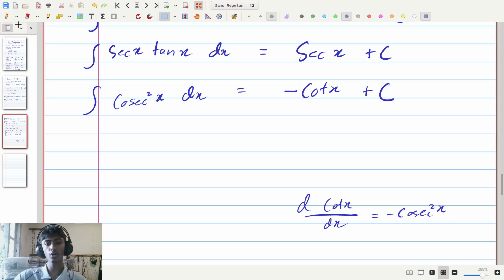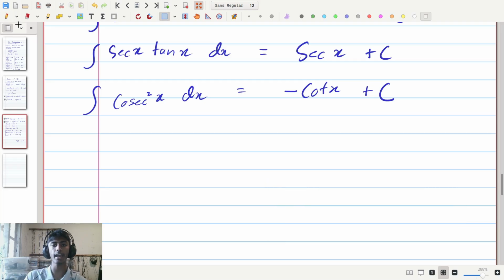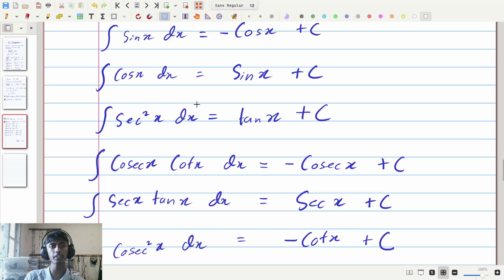These are some common integrals that we have. This set of integrals was derived from the 6 trigonometric function derivatives that we found previously. We used the concept of taking the antiderivative in order to find these indefinite integrals.